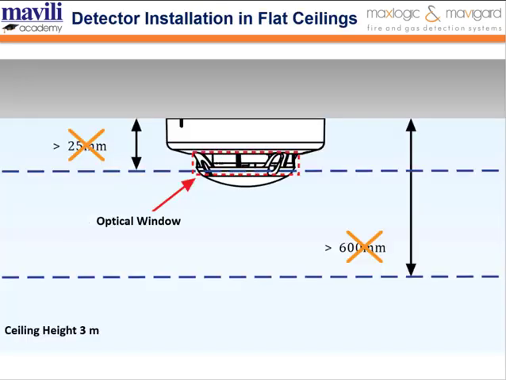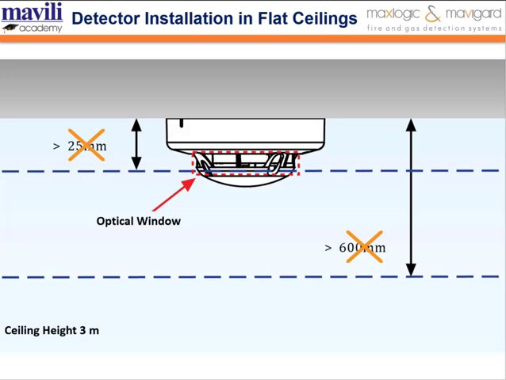So, detector installation in flat horizontal ceilings. In general, the performance of heat and smoke detectors depends on having a ceiling above them, since smoke and heat tend to rise and collect there. Because of this, detectors should usually be installed close to the ceiling, with their sensitive parts positioned about 25 mm below it and within the top 10% of the room height.